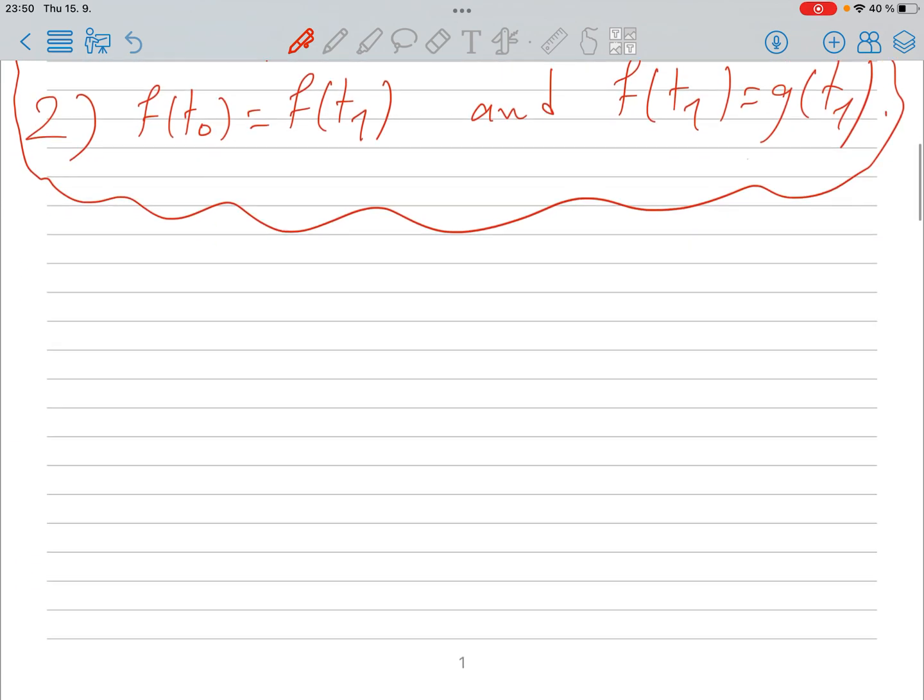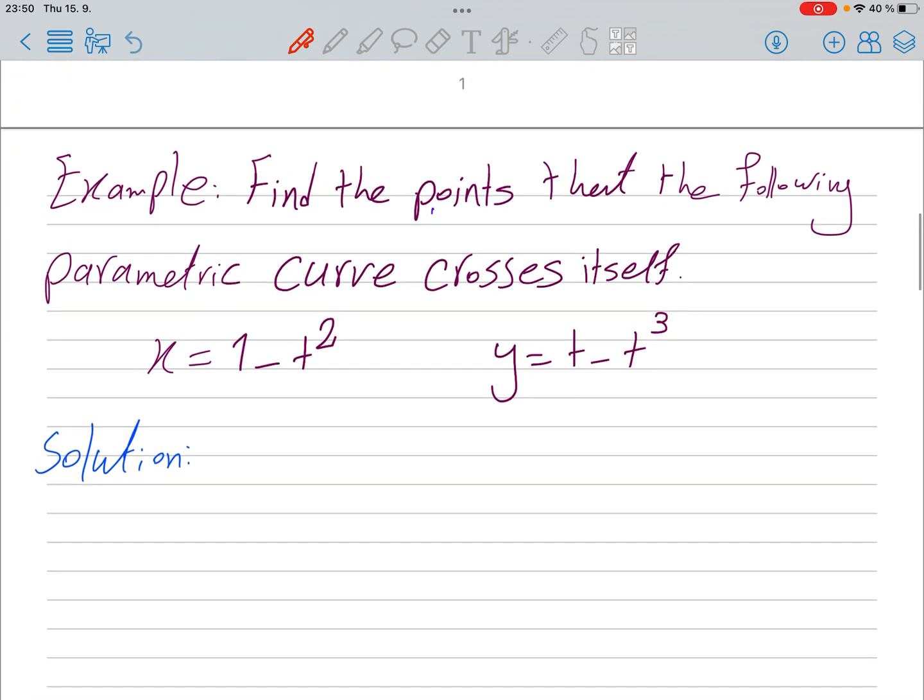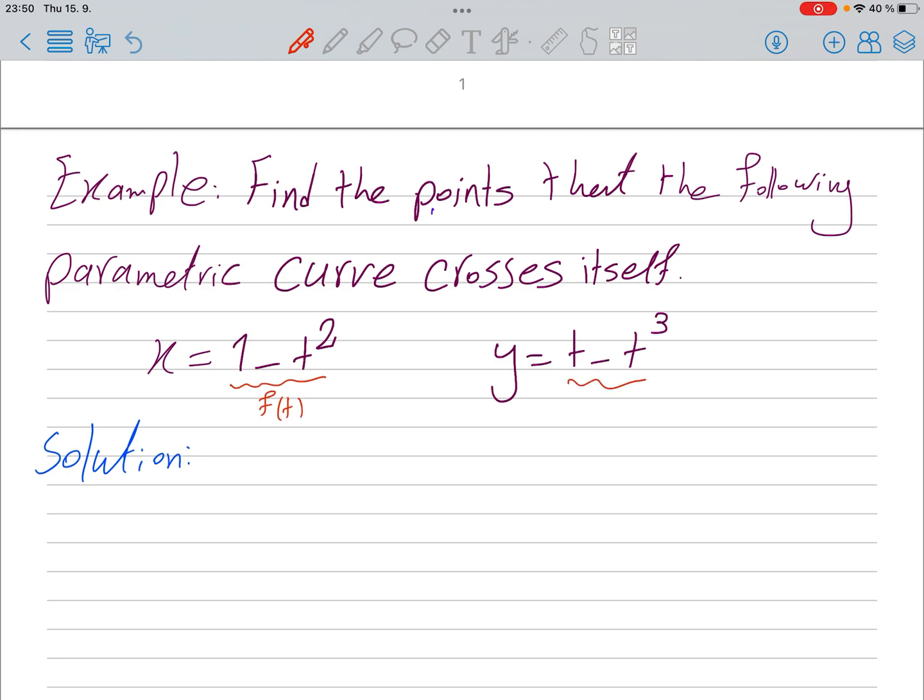So let's solve an example and clarify things more. Example: find the points where the following parametric curve crosses itself. We can call this f of t and this g of t, right?